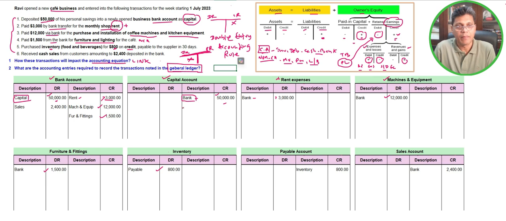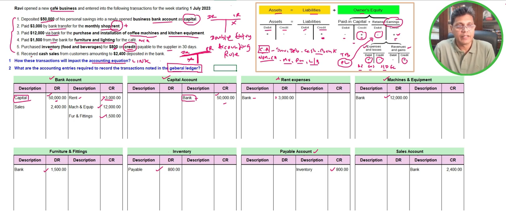And since this is purchased on credit terms from the suppliers, your liability towards the supplier will increase. Any increase in liability should be credited. That's your obligation. So the accounts payable account should be credited 800. This is the double entry: payable account credit 800, inventory asset account debit 800.